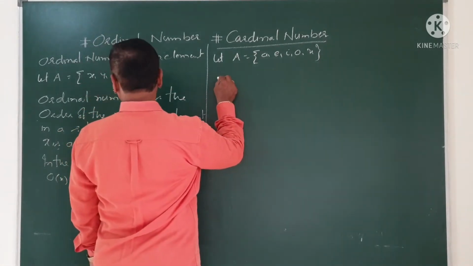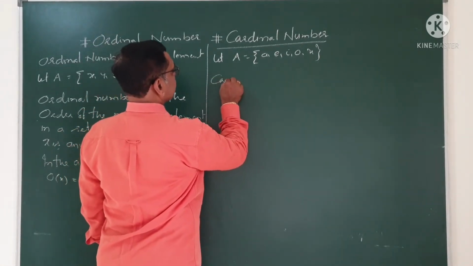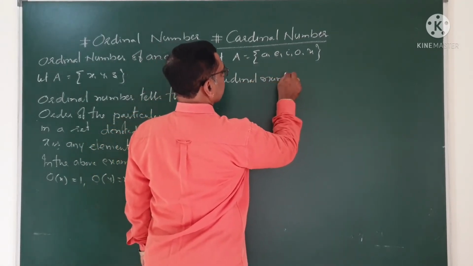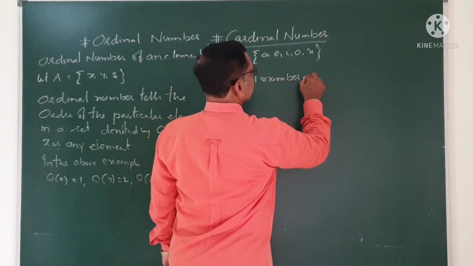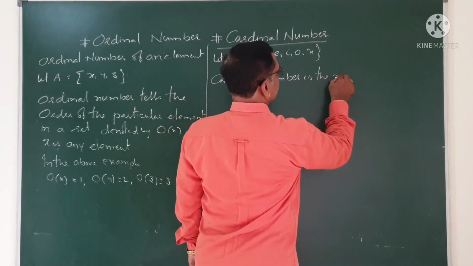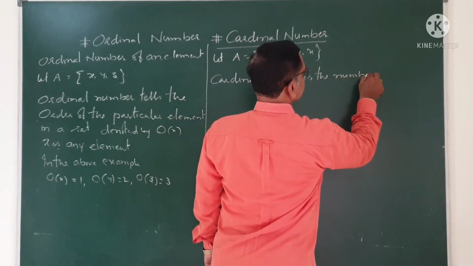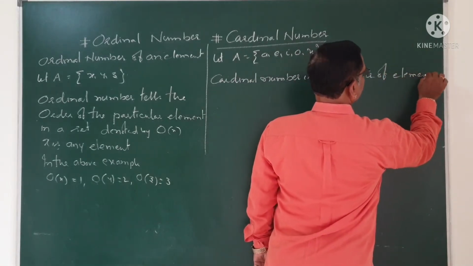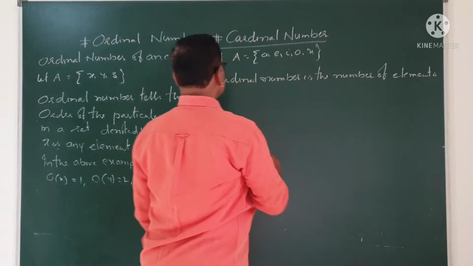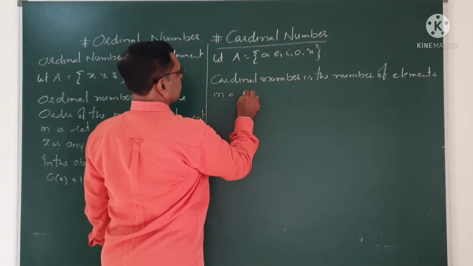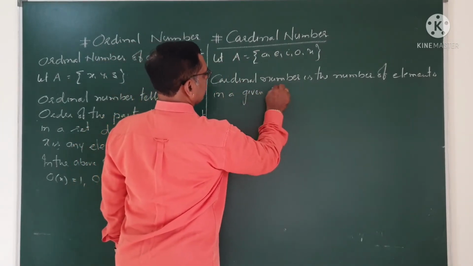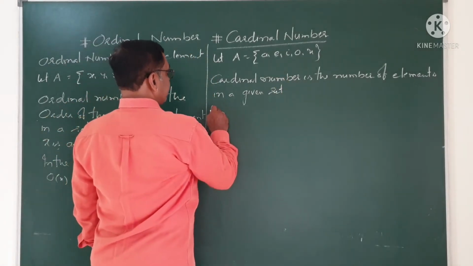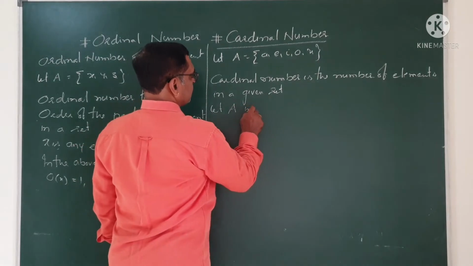So, cardinal number is the number of elements in a given set. Let A be the set.